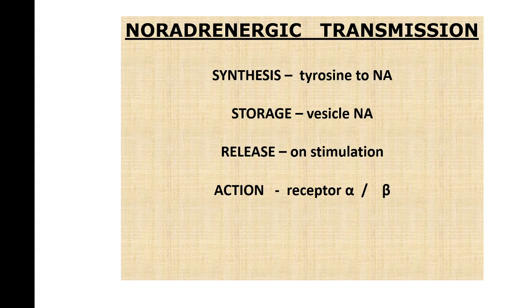In noradrenergic transmission, the organs have two types of receptors, either alpha or beta.